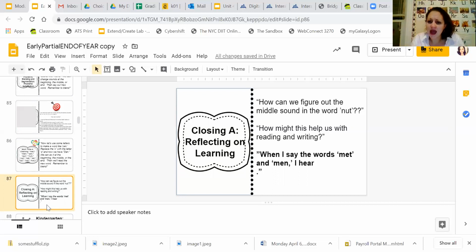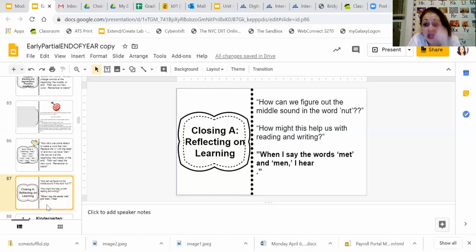And friends, how will this help us with reading and writing? Why do I teach this to you guys? I teach this to you because it helps you with understanding all different words and getting used to seeing different words. So when you're reading, you can recognize those words. And when you're writing, you can spell those words.